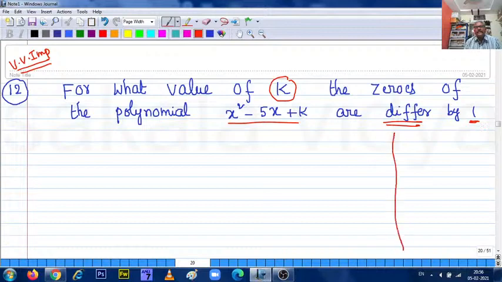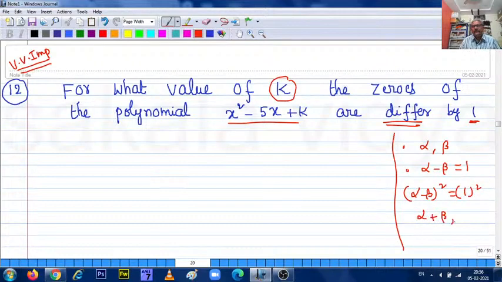Suppose the zeros are alpha, beta, so alpha minus beta is equal to 1, given. Squaring on both sides, alpha minus beta whole square is equal to 1 square. In this one, you need to substitute alpha plus beta value and alpha beta, then you get k value. Okay, let us solve it now.